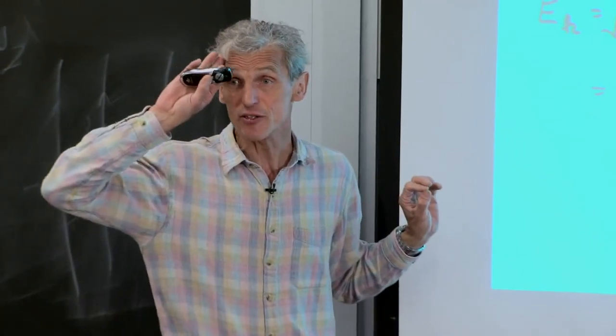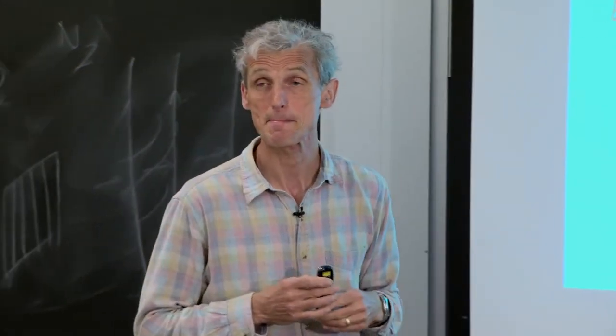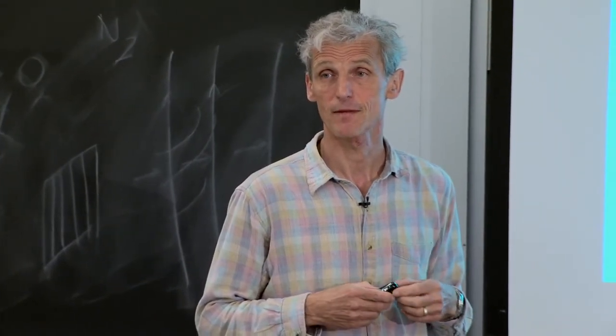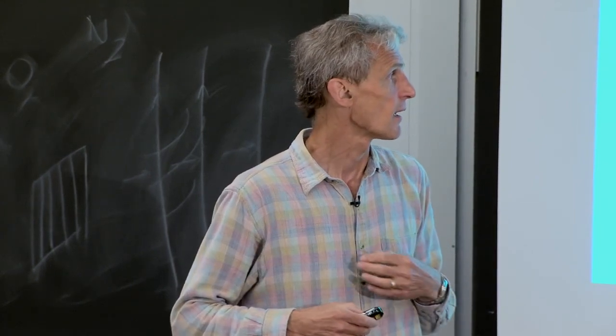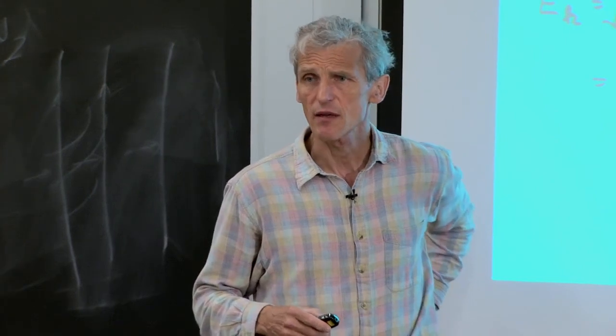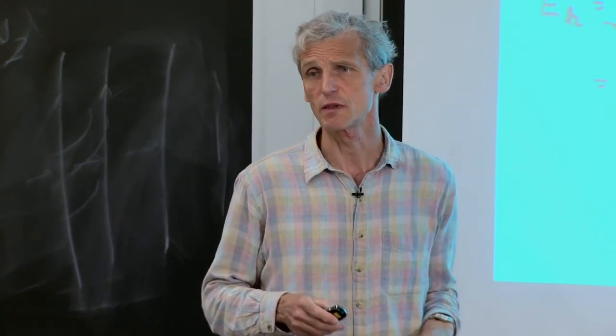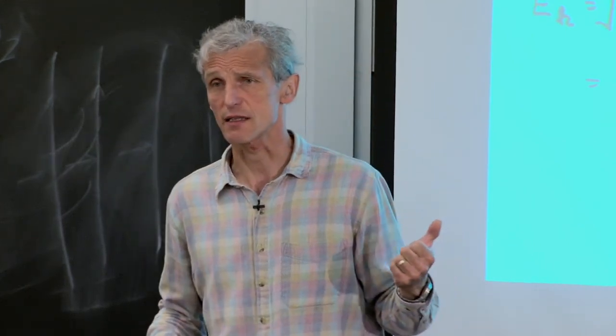Are there any questions before we go further? Colin. So does this require low density and weak interactions, or one or the other? We come a little bit later to that, but in the end, there is a small parameter. The small parameter will be n a cubed, the gas parameter. n, the density, a cubed, the scattering length.